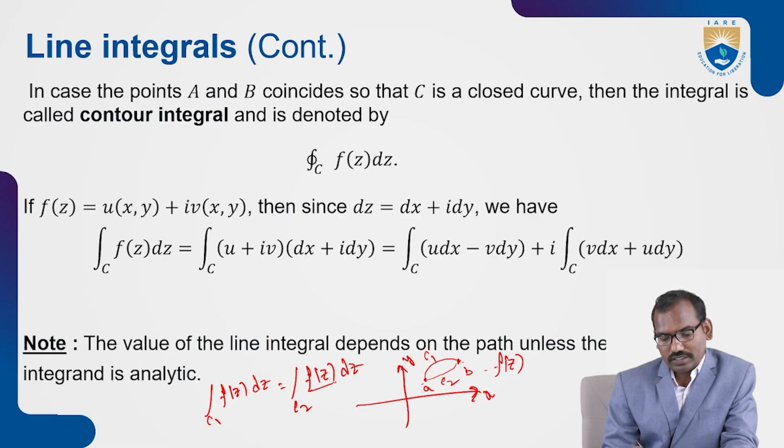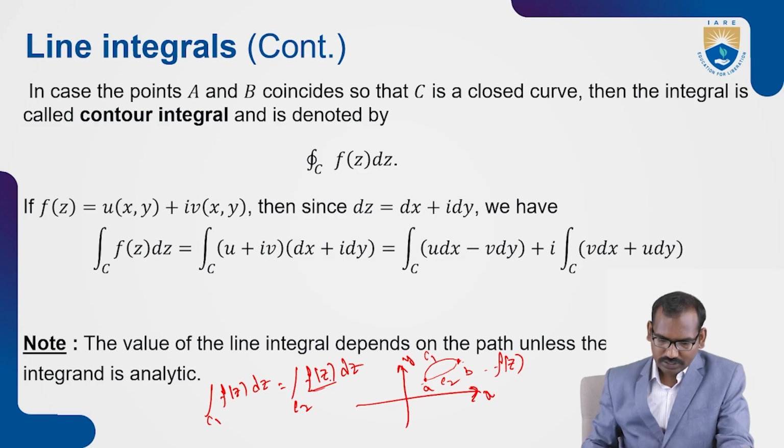In that case, these two are the same, and this equality may fail if f(z) is not analytic. In that case, we are not giving any assurance that both are equal. So this is equal only if f(z) is analytic.